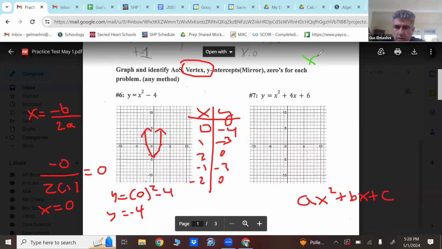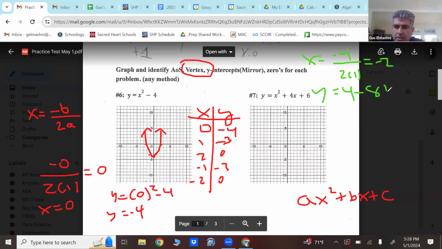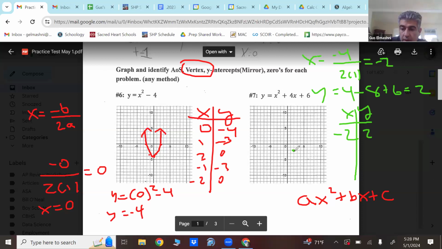Yeah, so you do x equals negative b over 2a. And y equals 4 minus 8 plus 6, which is 2. And you choose some values to the left and to the right.